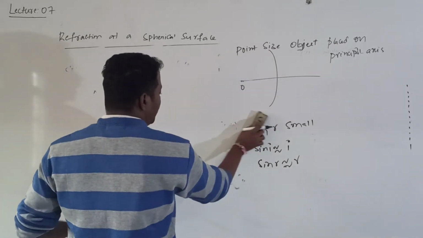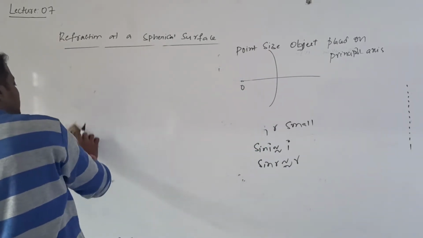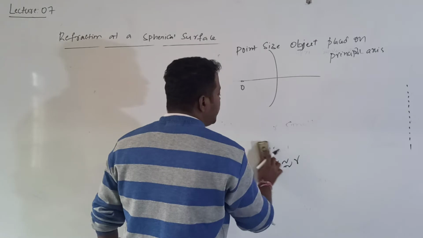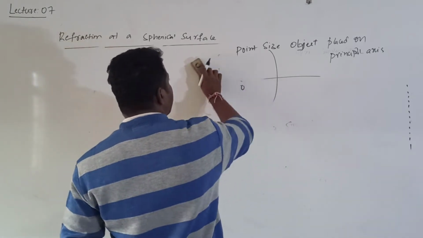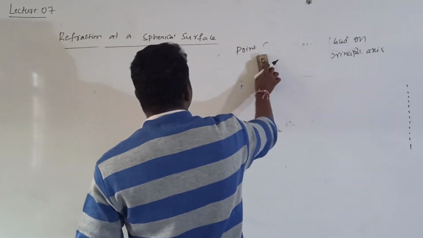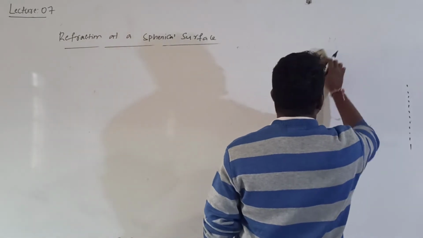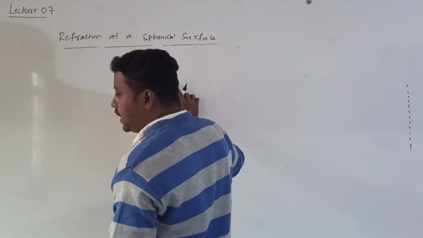Okay? Now, they may ask from a subjective point of view: what is a spherical refracting surface? A spherical refracting surface is a part of a sphere which is transparent.